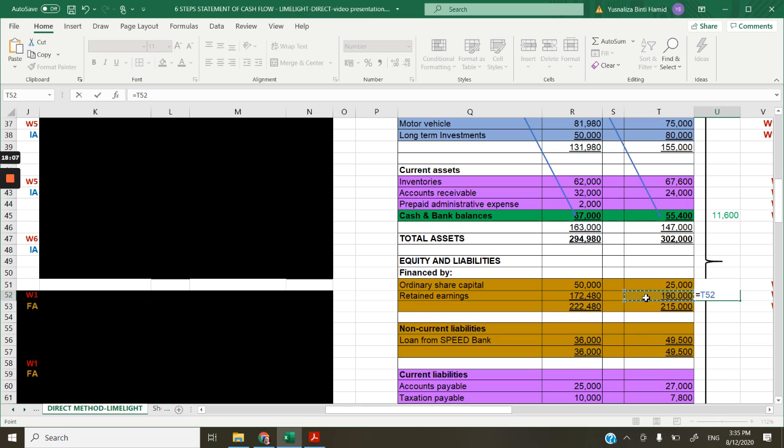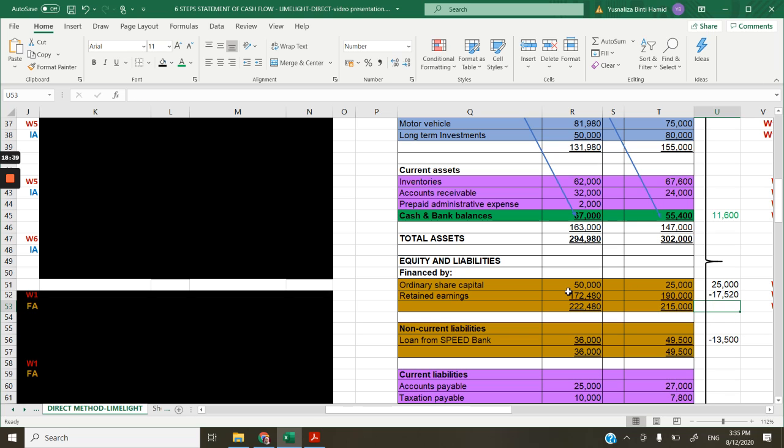If you check the balances here, there was a reduction in the retained earnings of 17,520, an increase in the share capital of 25,000, and a decrease in the loan of 13,500. So we need to go and check what caused the difference.